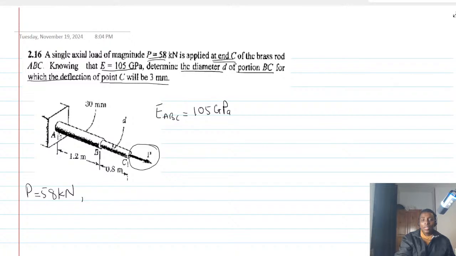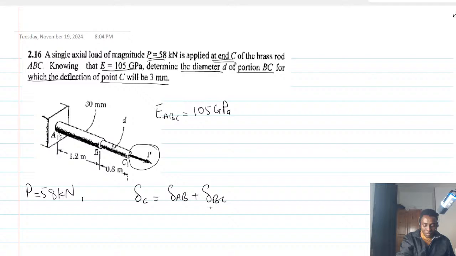Okay. So let's solve it together. Now the first thing we have to do is that since the load is the same and the material is also the same, the first thing we can say is that the total deflection, let's call it delta, at point C is going to be what? The deflection in AB plus the deflection in BC.